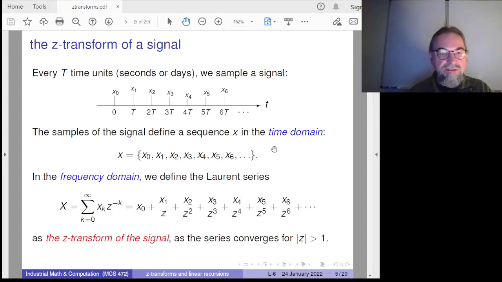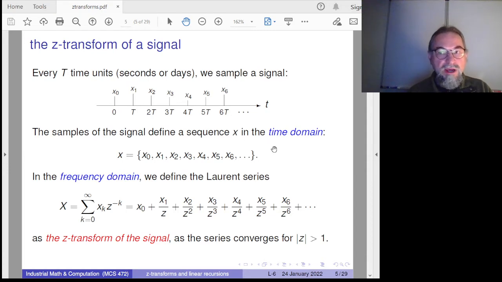So for now, this is the formal and somewhat artificial definition of what we will call the z-transform of the signal. It will turn out that the z-transform will capture some of the essential characteristics of a signal, which I hope will become clear by the examples that are coming next.